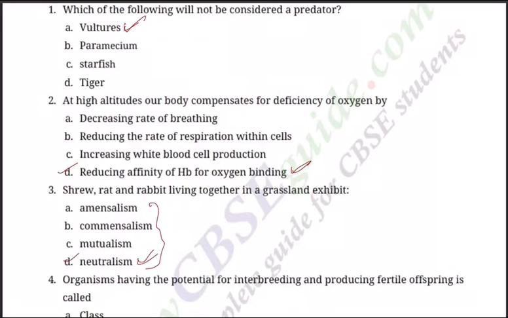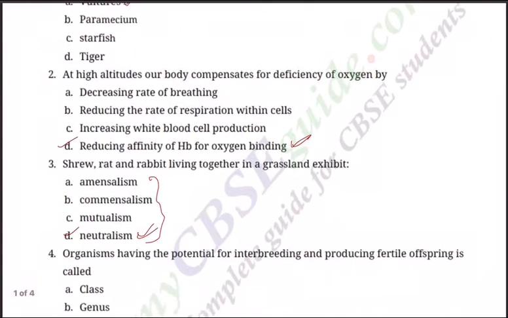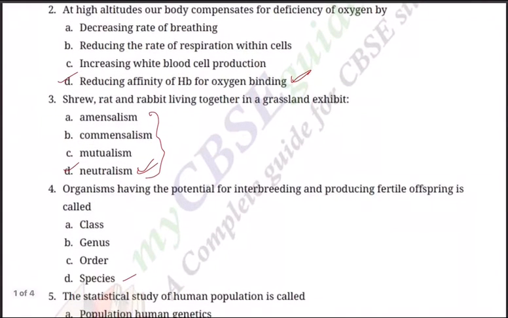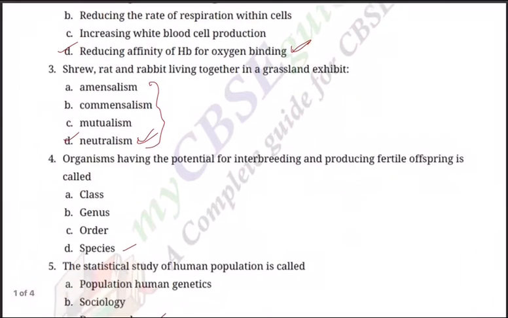Hence, it has to be neutralism. And I have told you that based on this relationship among the animals, commensalism, mutualism, there will be a lot of questions, and a case study question also may come in the examination. So have a clear concept about commensalism, mutualism and neutralism.